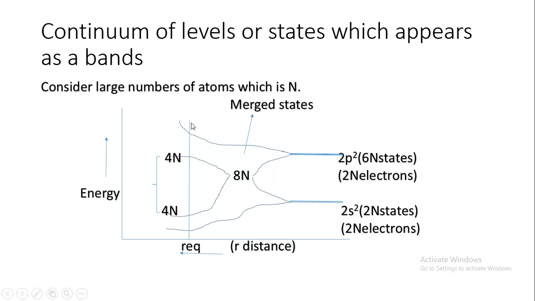But at R equilibrium, there is a gap and there are two bands, so these merged states are splitting. Why they are splitting you already know: many discrete energy levels interact with each other and split into bands.